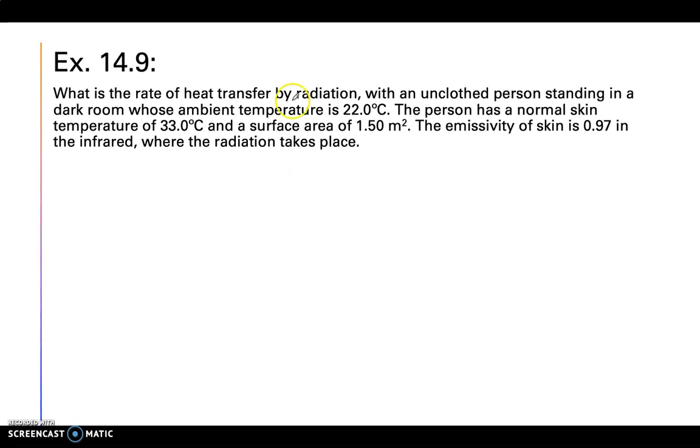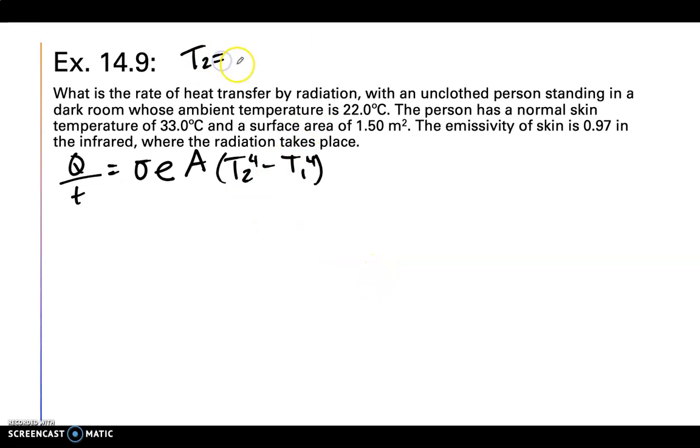We're going to use the equation we just learned: Q over T equals sigma E A times T2 to the fourth minus T1 to the fourth. Remember, we want to set this up properly.